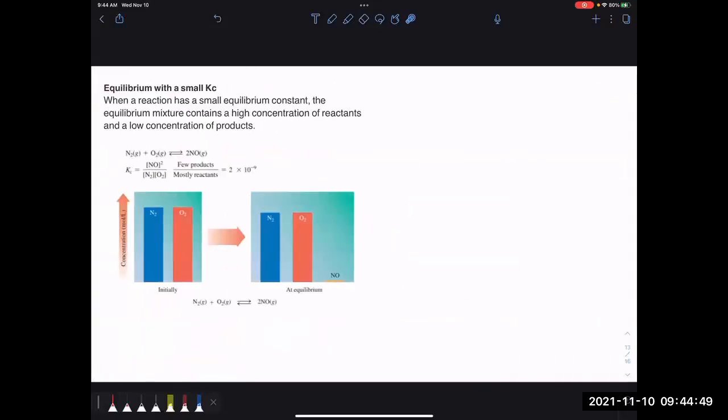We have an equilibrium with a small Kc. When we reach equilibrium, the mixture contains a high concentration of reactants and a low concentration of products. Right, and that makes sense because if you take a small number divided by a large number, you're going to get a really small number.